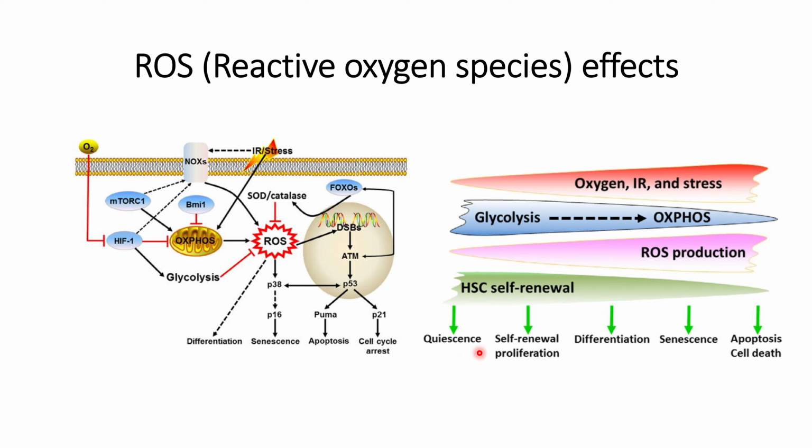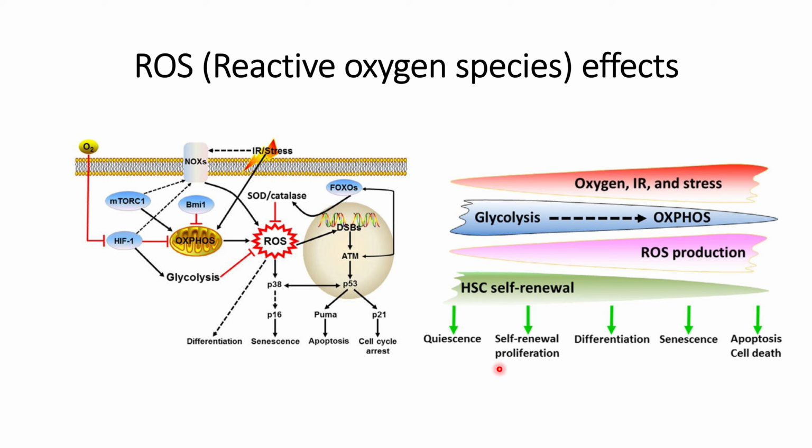And one thing that I have to correct is that all these states are relative to the condition in which it is present. For example, in this state where oxygen stress is low, cells are at quiescent state, that is almost a healthy state. And in this state, self renewal proliferation of hematopoietic stem cells is within limit.